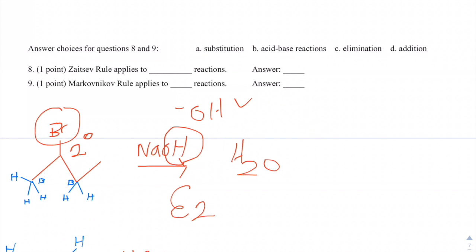In Zaitsev's reactions, the nucleophile will take hydrogens from the beta carbon that has the least amount of things coming off of it, because it will form a more stable structure at the end of the reaction. As you can tell between these two, the beta carbon on the right has less things attached to it, less hydrogens, which therefore will be the more stable structure formed.